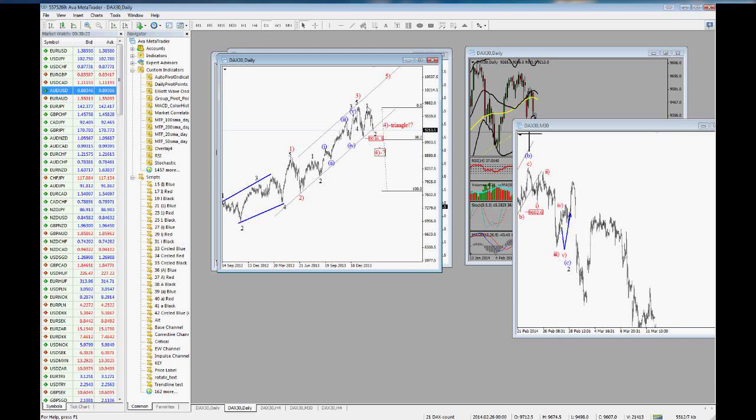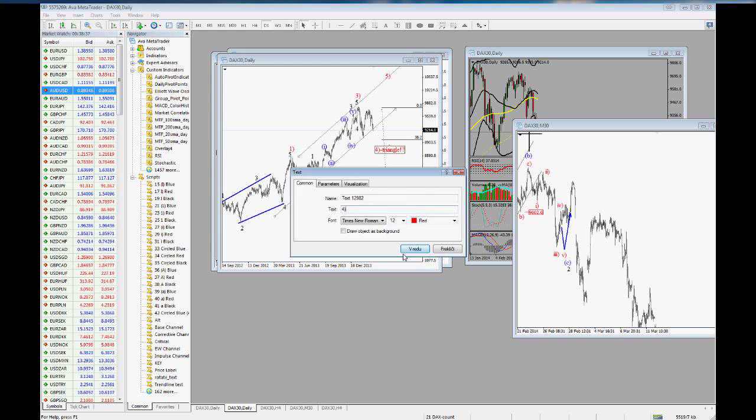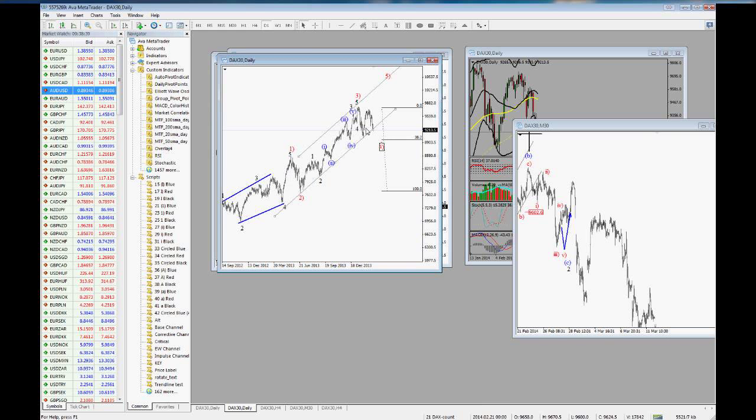Now there is a triangle possibility, or there is also possibility of an ABC decline. Okay, now here we also have 38.2% retracement down here, and if we respect the rule of alternation, which to me it says that if wave 2 is a sharp, then wave 4 will usually be complex, or vice versa.